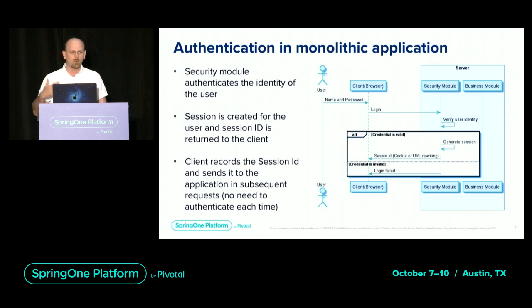The app would route to different modules, but security was just kind of at the edge of it. The application would return that session ID back, and the user could just use that every time. That was typically a stateful application. So every time they came in, we already knew who the user was by that session ID, and they could go on their merry way.